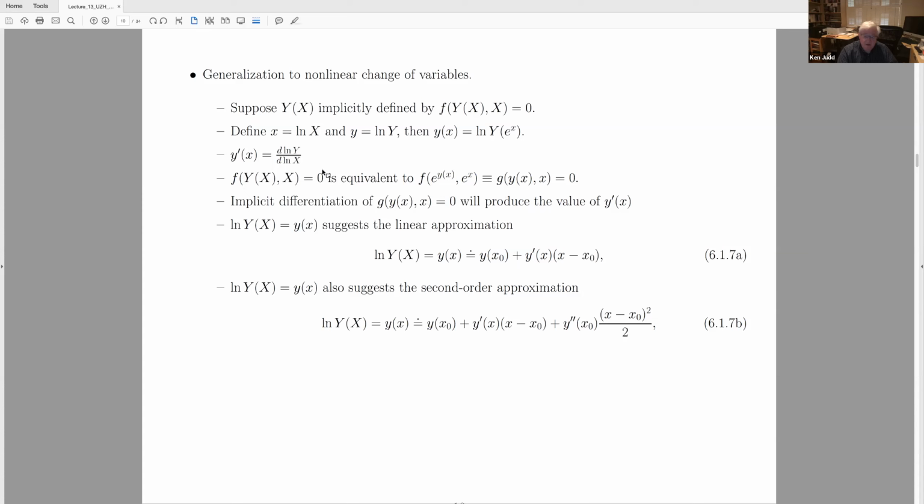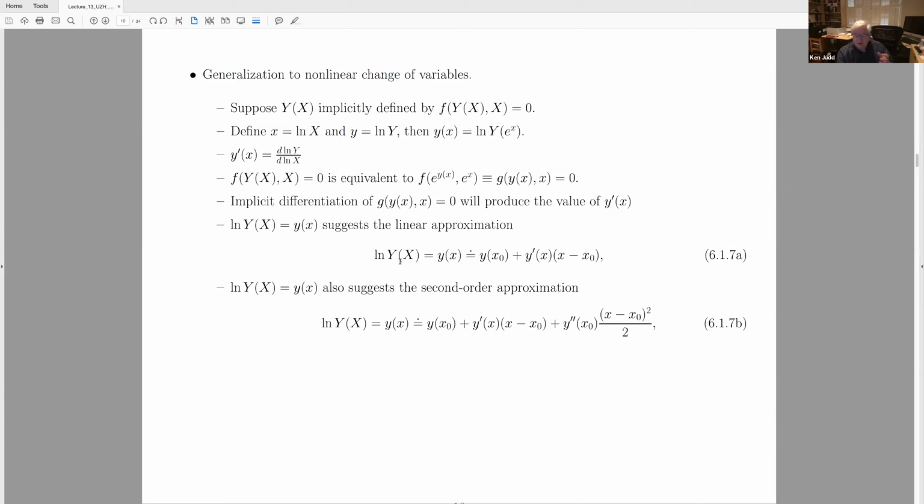But that y prime at x naught has to be compatible with this definition of y prime. And so what you find is that little y of x, which is log of y of x, is approximately equal to little y of x naught plus y prime times x minus x naught, which is a linear approximation of the log function.